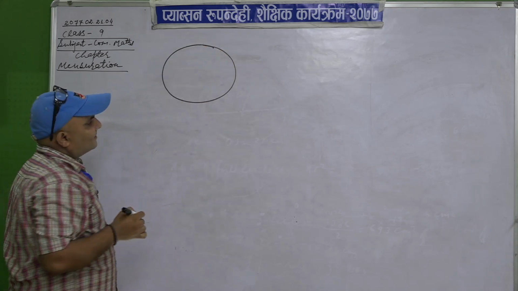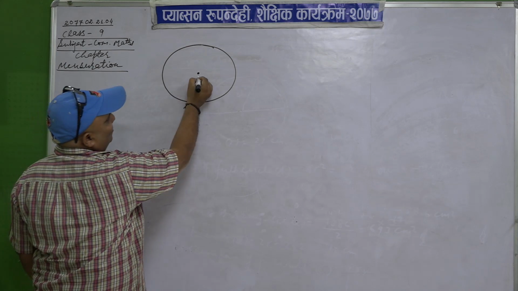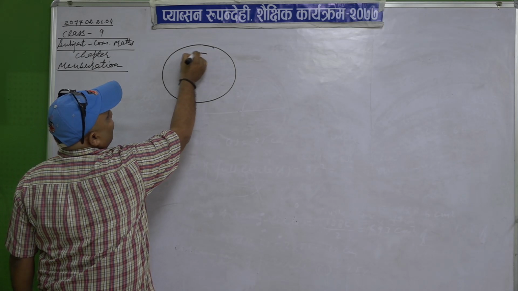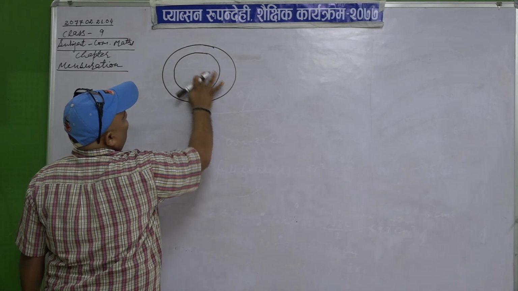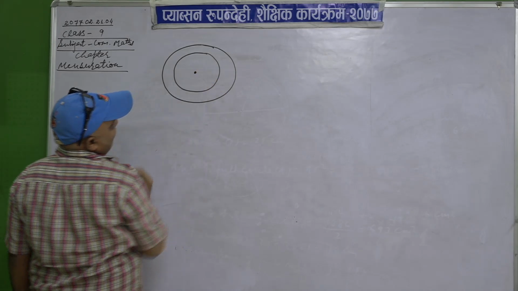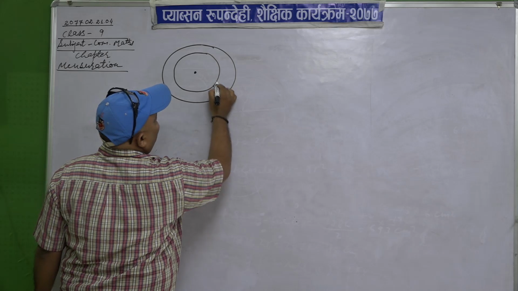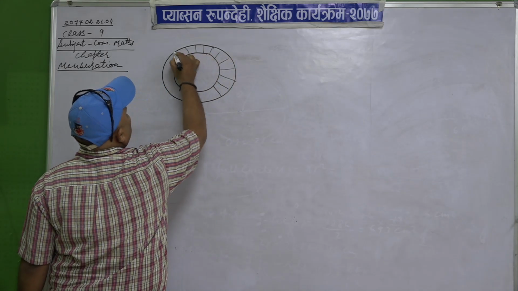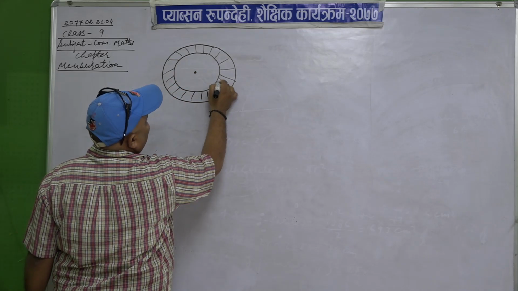This is a circle. Suppose it has center O and this is another circle having the same center O. Suppose we have to find out the area of this sided region, the area of this sided region.